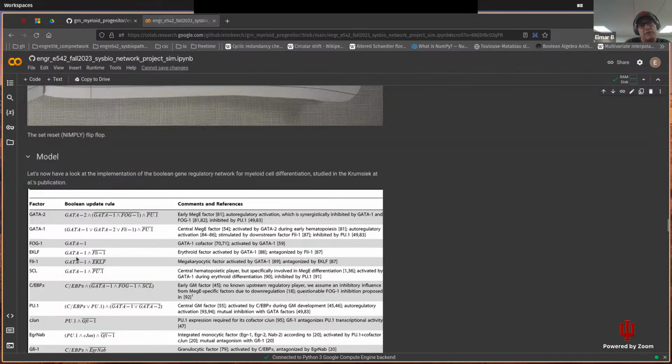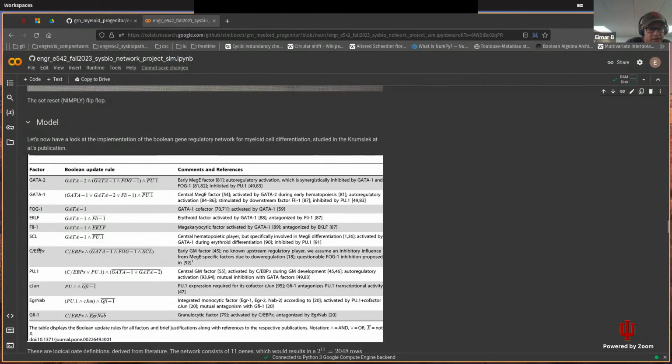So you have GATA1 and not FLI1, GATA1 and not EKLF. It's as well a non-implication gate. The SCL is as well a non-implication gate. All of these are non-implication gates. Then when we look at this CEBP alpha, we have again a non-implication gate.